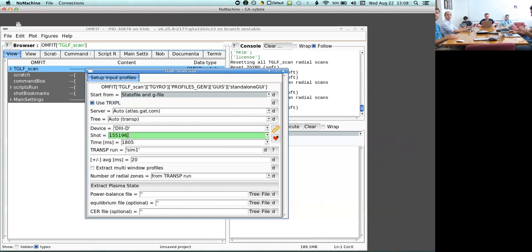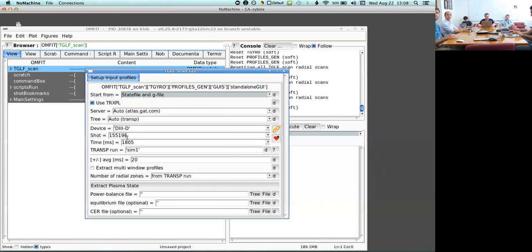So let me, for instance, choose this ITER baseline scenario shot number over here, and this scenario has two different phases, NBI plus ECH and NBI only case. So I'm going to focus for the uncertainty study on this NBI only case. I'm going to choose the time that corresponds to that value.